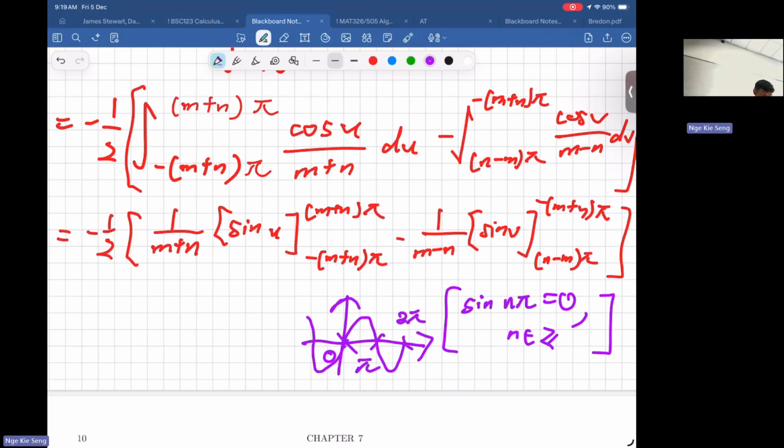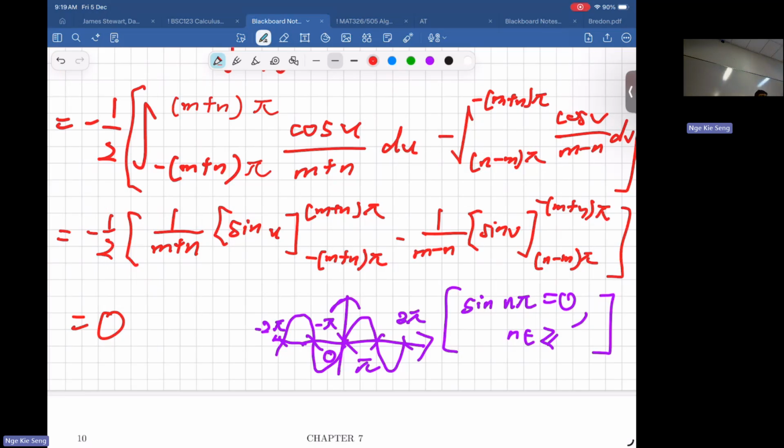So you get all the 0s at multiples of pi. So you get 0 minus 0, you get 0. Everything becomes 0.